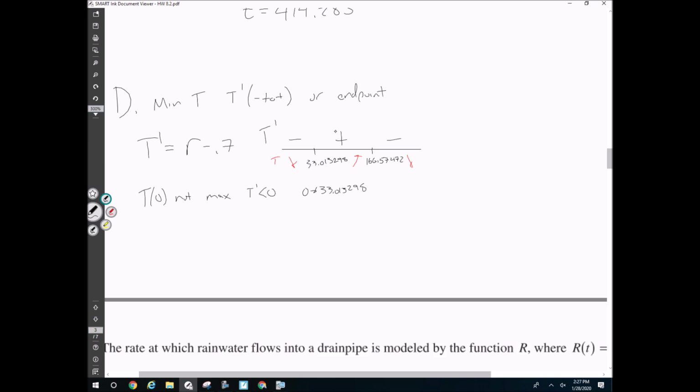So, oops, this is not the min. The candidates, therefore, are this and here at 300. So I got to find the candidates and their values and compare them. We talked about this last unit. We're doing it more this unit, so I hope we understand what we're doing.